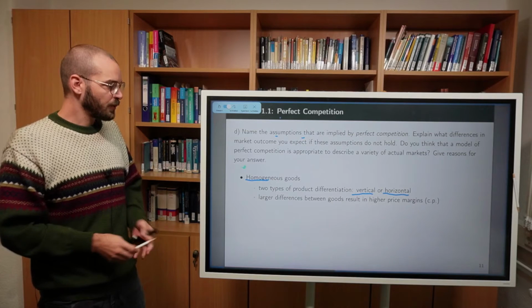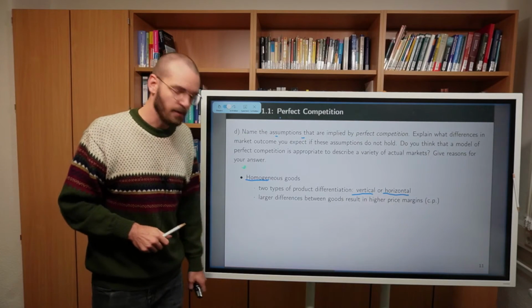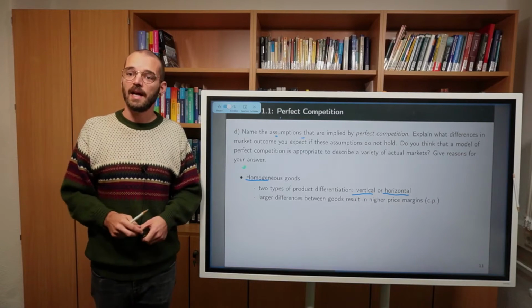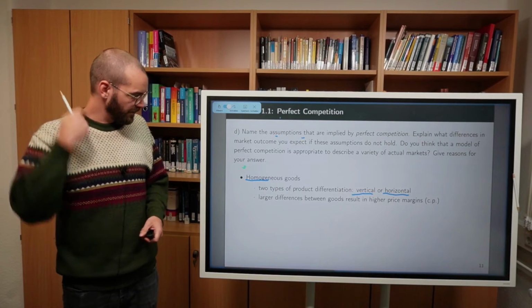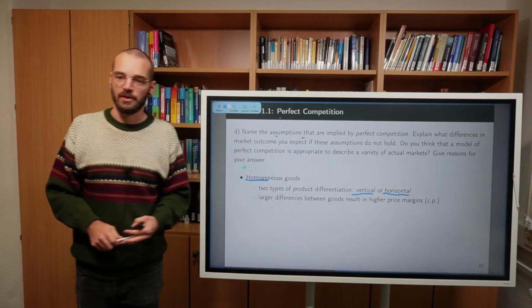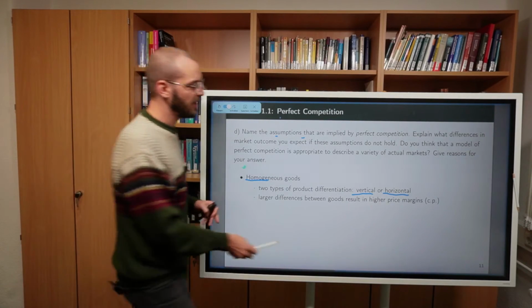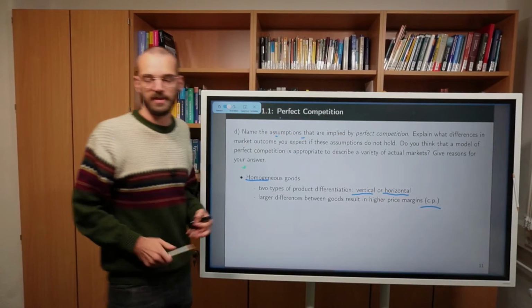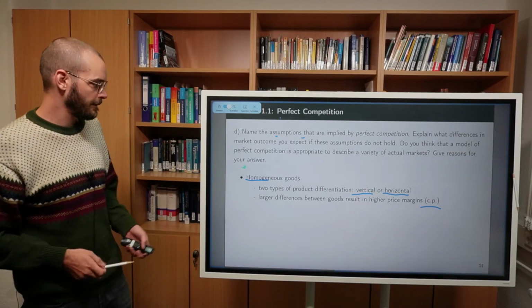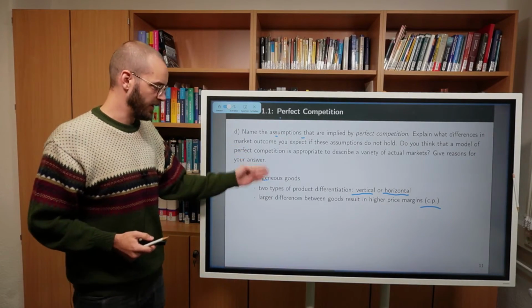In general, what we can see in different economic models and what we will see throughout the semester and the upcoming assignments is that larger differences between goods result in higher price margins. Of course, ceteris paribus, it always depends on the exact and precise model specifications, but in general, this is true, as we will see in the coming weeks.